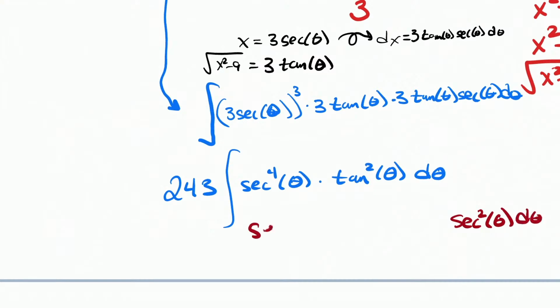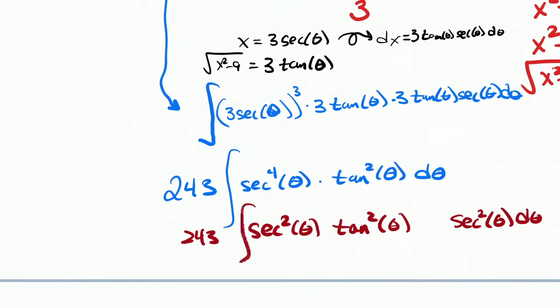That leaves 2 of them over here and 2 tangents. The 243 goes along for the ride. Anyway, now I'm going to use that identity that secant squared is tangent squared plus 1. And then I'll do a substitution. U is equal to tangent. Du, it's right there, secant squared. So the rest of this is pretty straightforward.